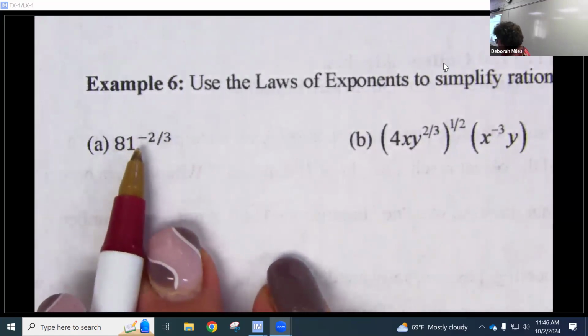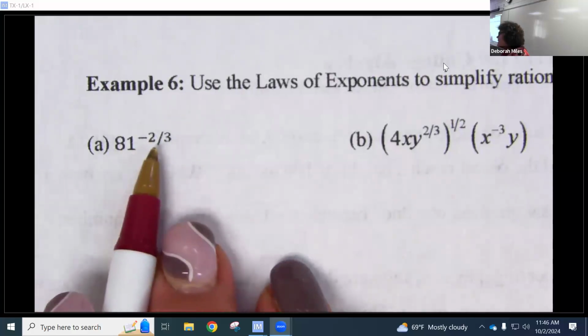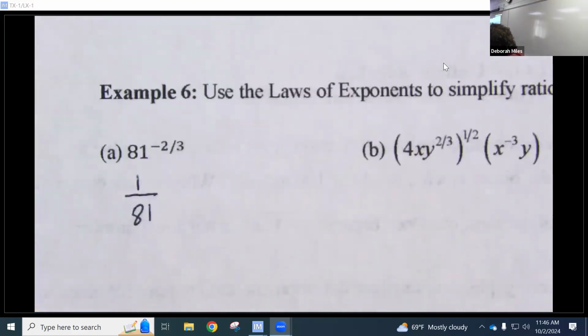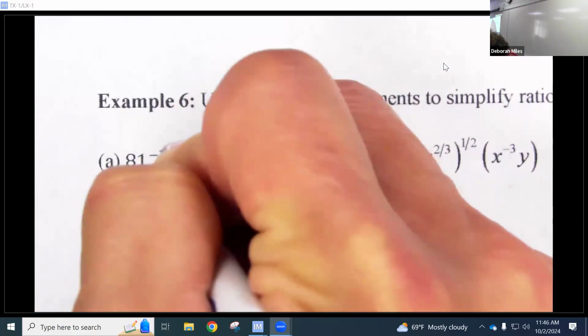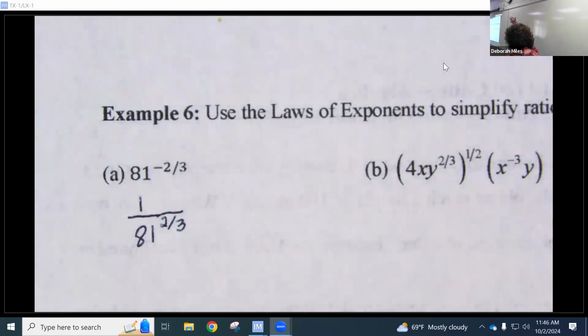What are words hovering in my head when I see the negative exponent? Reciprocal. And what R word is in my head when I see a fractional exponent? Root. So I'm going to take the reciprocal of the base, 1 over 81, and then that's going to be to the positive 2/3. I could put the 1 over 81 in parentheses, but I know 1 to the 2/3 is still 1.